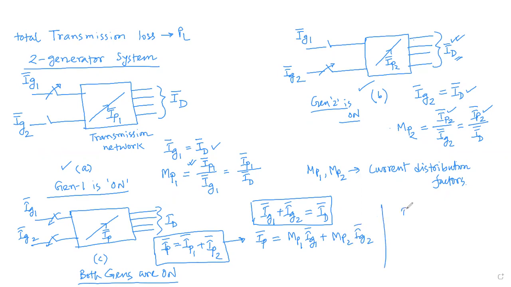Now let's say we want to express both IG1 and IG2 by their corresponding magnitudes, IG1 angle sigma 1 and IG2 angle sigma 2.